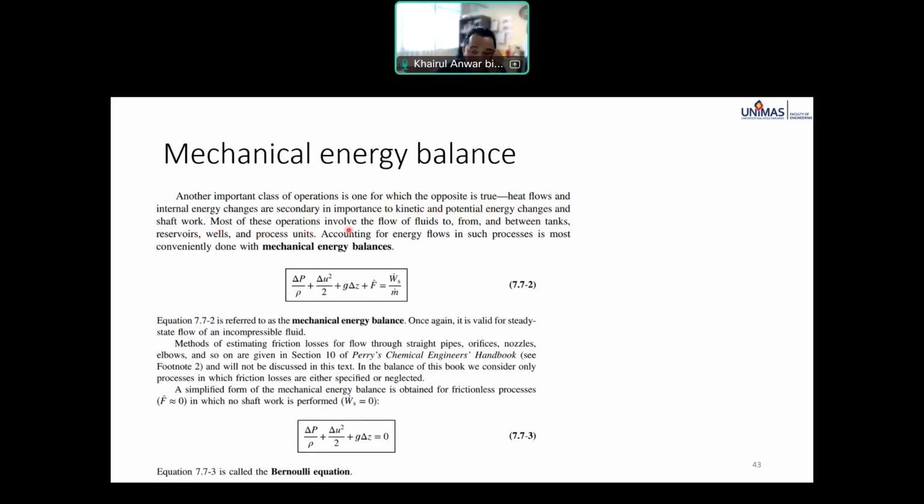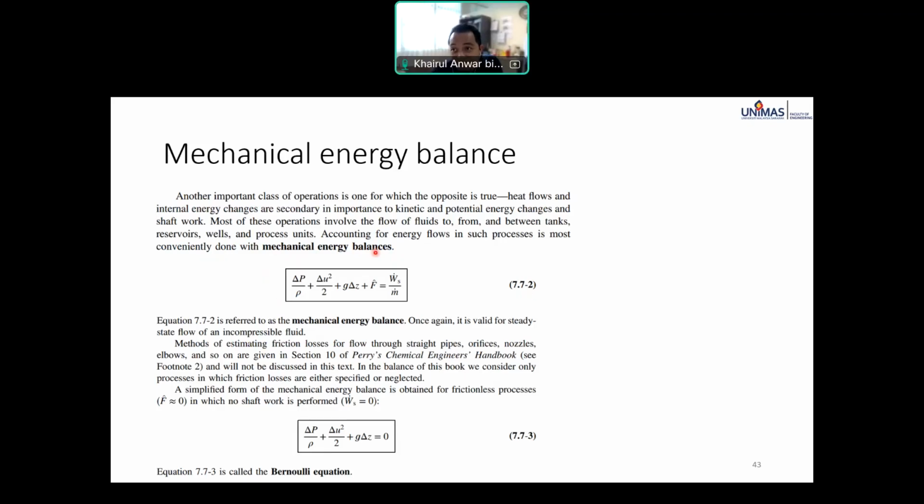Most of these operations involve the flow of fluid to, from and within tanks, reservoirs, and process units. Accounting for energy flow in such processes is most commonly done with the mechanical energy balance, equation 7.7-2. So this equation is specific for mechanical energy balance.